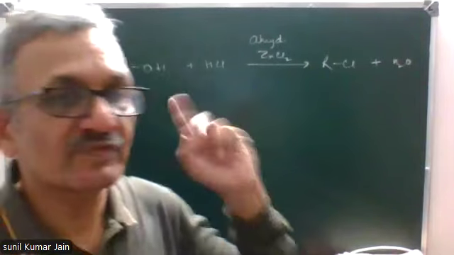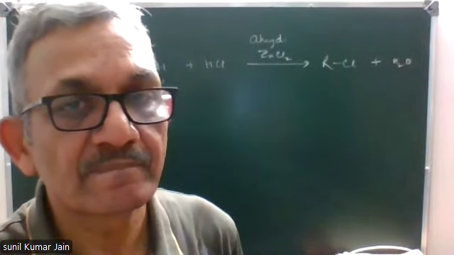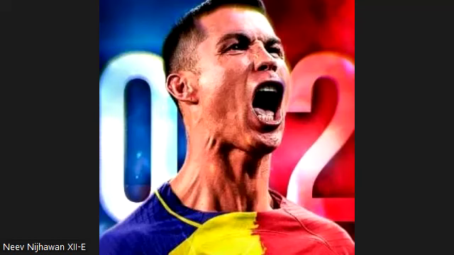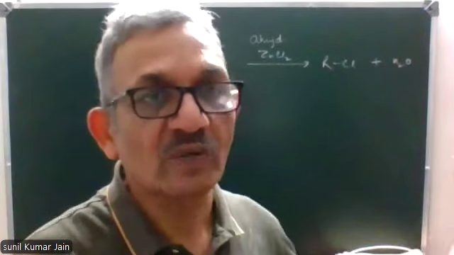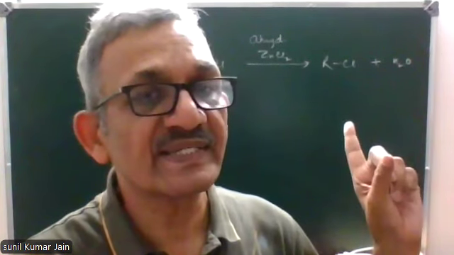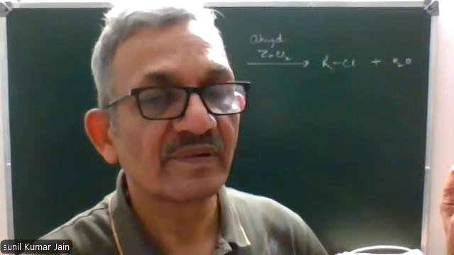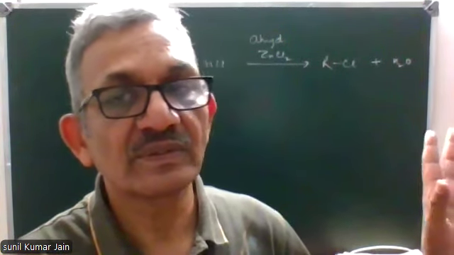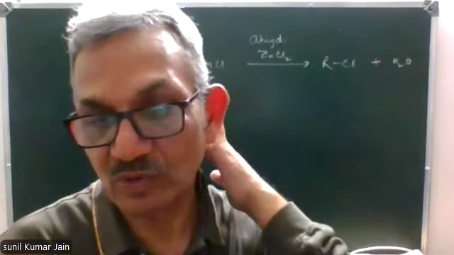Do you remember the name of this reaction? Sir, Lucas reagent. That Lucas reagent I did not tell you; I'm going to tell you now. Do you remember this reaction when I taught you preparation of alkyl halides? This is Groove's method. You should go through my notes.